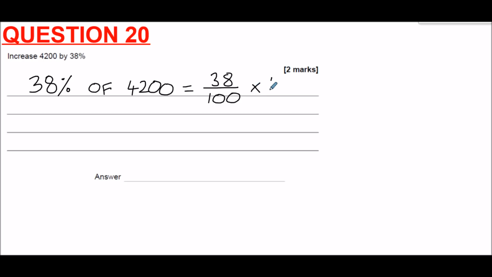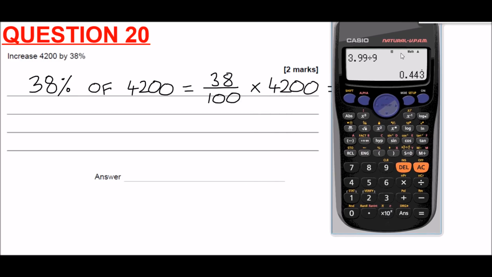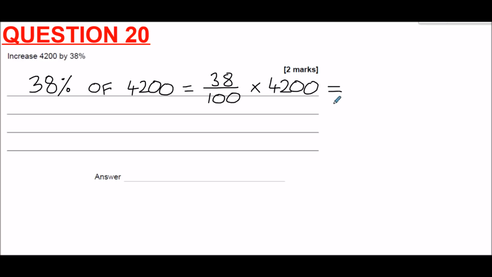Of works as multiply, and type in 4,200. So if we were to just calculate 38% of 4,200, what we'd come to is 1,596.